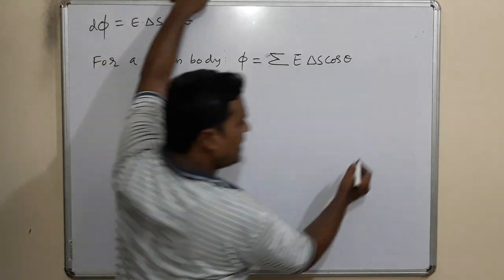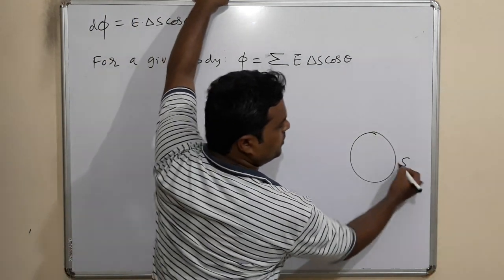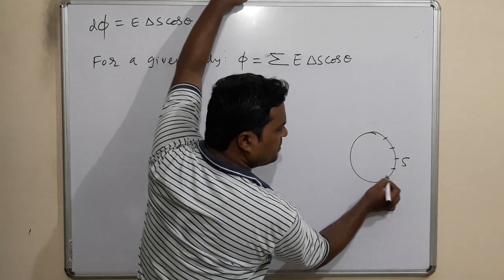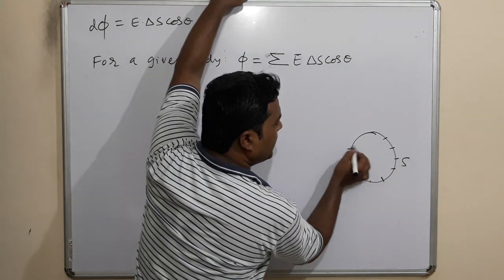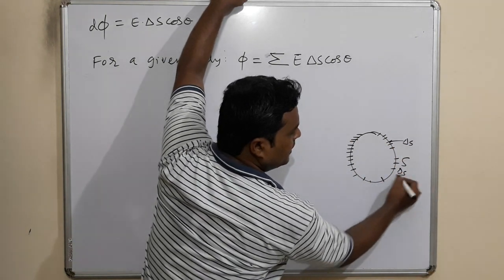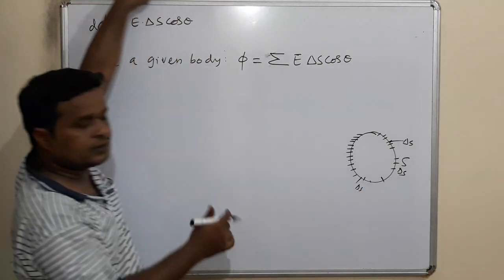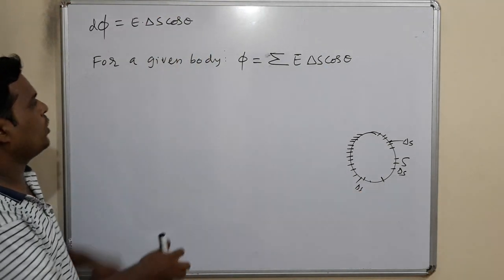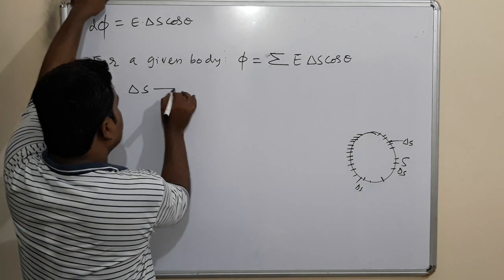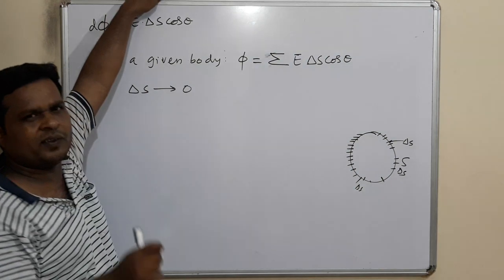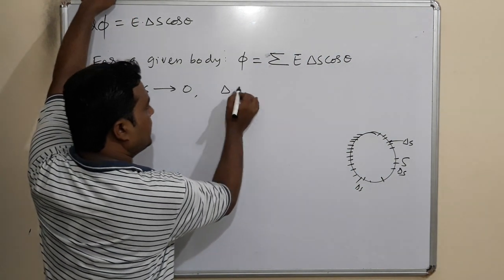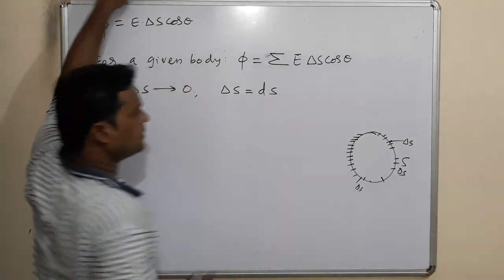Suppose that area is S. If I divide the area of this sphere into very small portions like this, this is a delta S, this is delta S, this is another delta S. If delta S tends close to 0, very small portions, then in place of delta S, I can write ds.